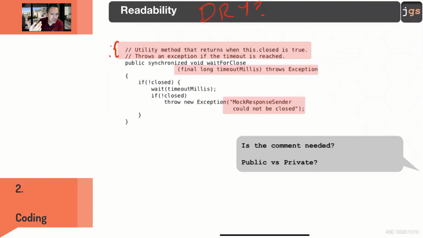Think about it: if I need to read the source code and also the comments, it is twice the work for the reader. It's not a good idea. Someone who reads your code should be able to understand what is happening there. It is your responsibility to achieve that level.